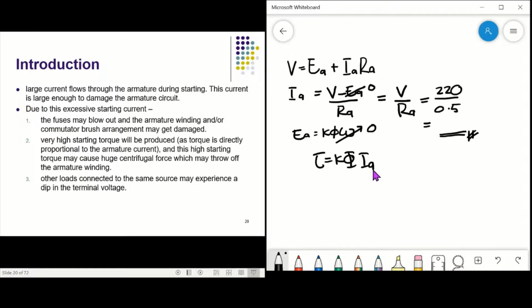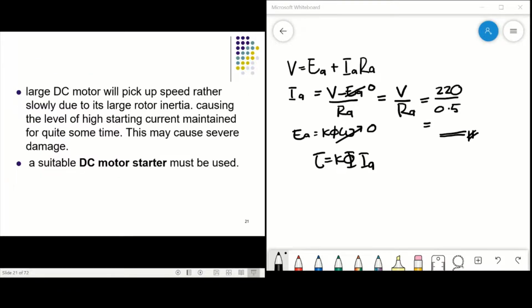This high starting torque may cause huge centrifugal force, which may throw off the armature winding. Other loads connected to the same source may experience a dip in the terminal voltage. And a large DC motor will pick up speed rather slowly due to its large rotor inertia, hence building up the back EMF slowly, causing the high starting current to be maintained for quite some time. This may cause severe damage.